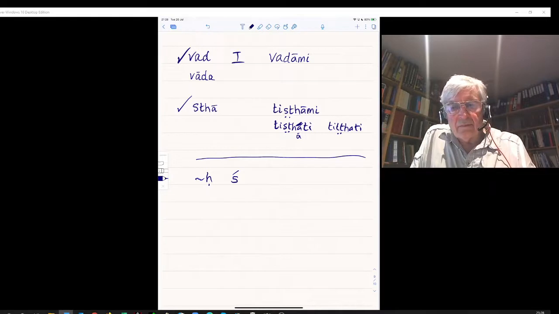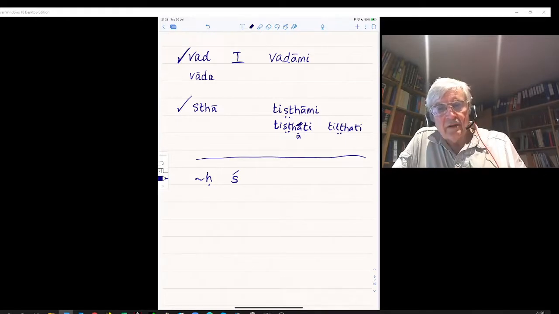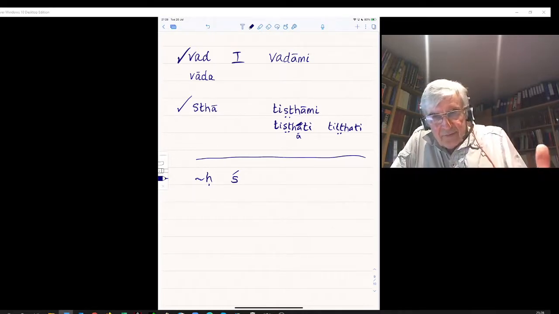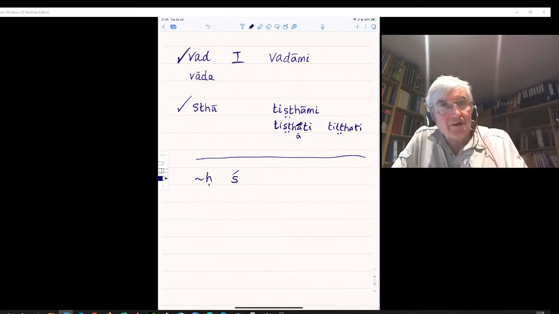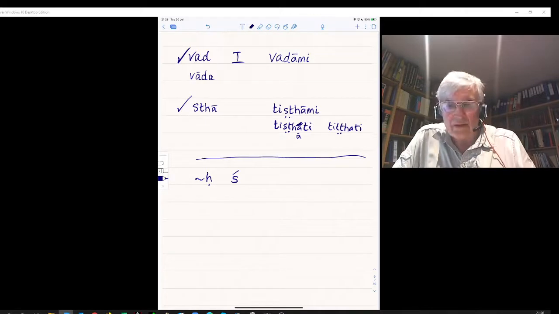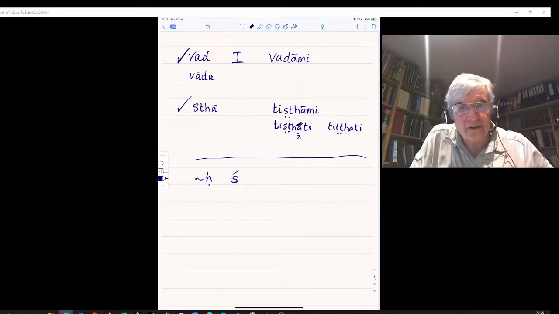Sentence D. Tiṣṭhāmaḥ gacchāmaḥ cha. That's without sandhi. Now, the way I've read that, it's written like that just to give you the words in their raw form, but in a running text, it would be wrong to put them like that. It becomes tiṣṭhāmo gacchāmaścha.